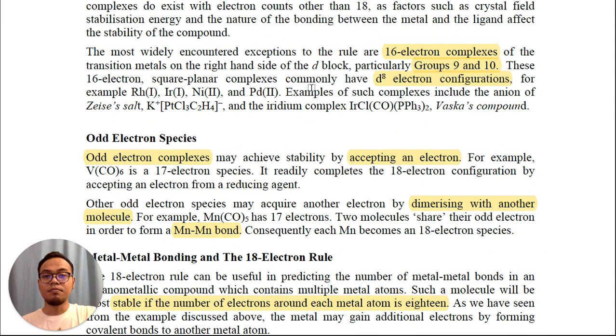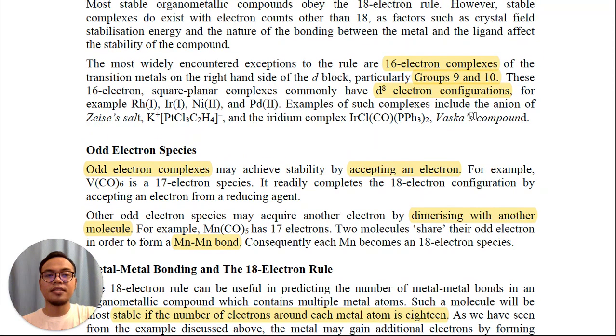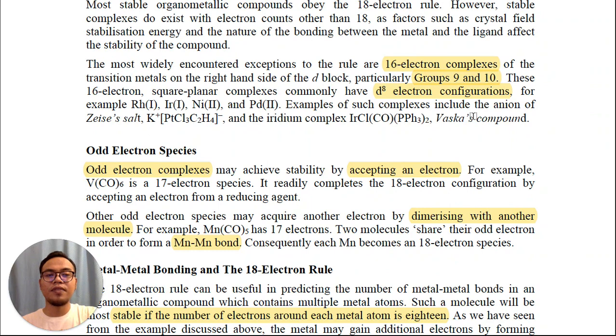So, for example, the square planar complexes commonly have D8 electron configurations. Rhodium, iridium, nickel, and palladium. Okay, the most common ones are Zeise's salt and also Vaska's compound. You can tell from this structure that it does have less than 18 electrons. Okay.